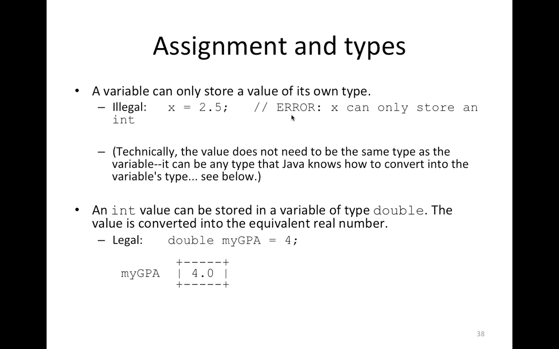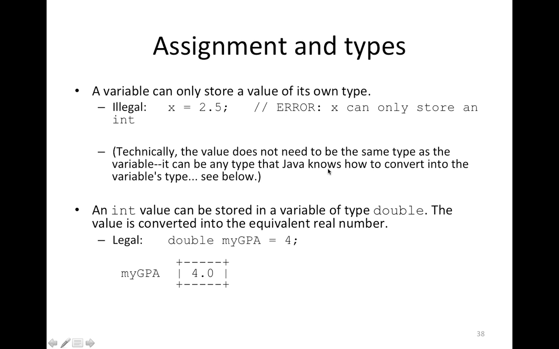Fine. Assignment and types. A variable can only store a value of its own type. That means if you say int x and x equals 2.5, it throws errors because it doesn't know what decimal is. It is all integer value. Technically, the value does not need to be the same type as the variable.